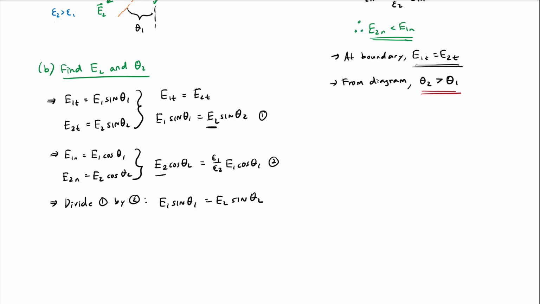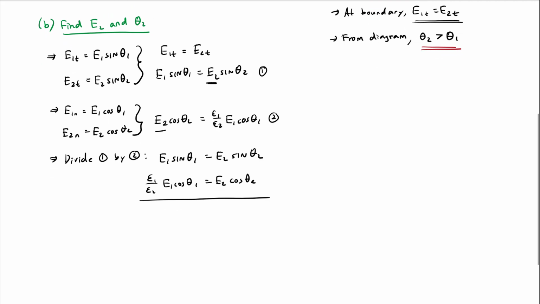I'm going to put all the epsilon 1 over epsilon 2 on one side, so epsilon 1 over epsilon 2 E1 cos theta 1 is equal to E2 cos theta 2. And dividing the two of these, I have epsilon 1 over epsilon 2 tangent of theta 1 is equal to tangent of theta 2.